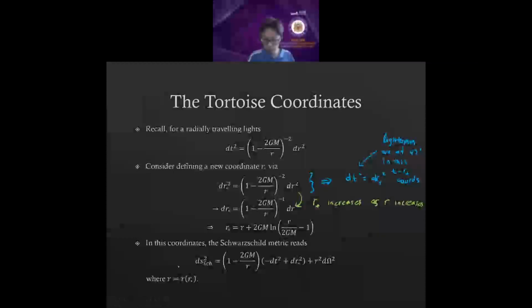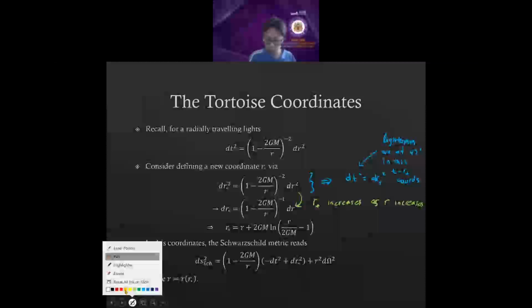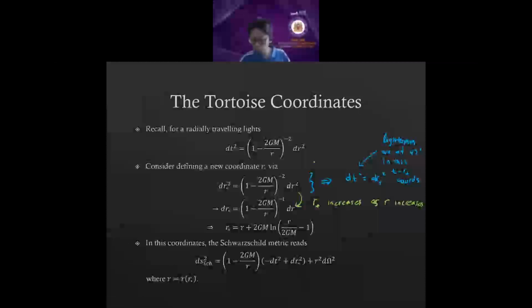So if you look at this equation, the range of this equation is as follows. In our standard polar coordinates, r ranges from 0 to infinity. Now, in this so-called tortoise coordinate, this r star coordinate, it cannot cover all r.